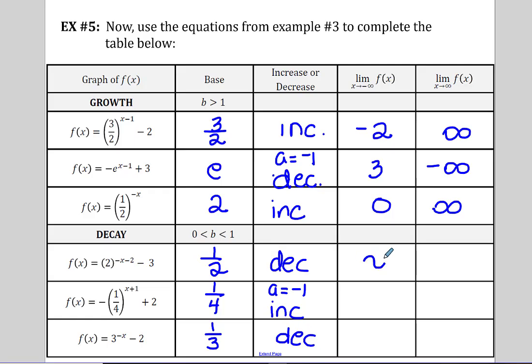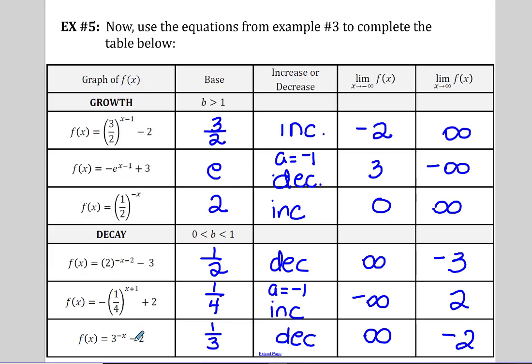So these would go to infinity, and then -3 on the right. And then this one would go from -infinity up to 2. And this one would go from positive infinity down to -2.